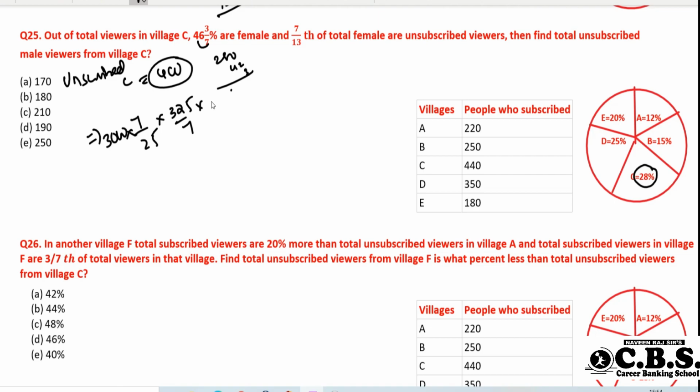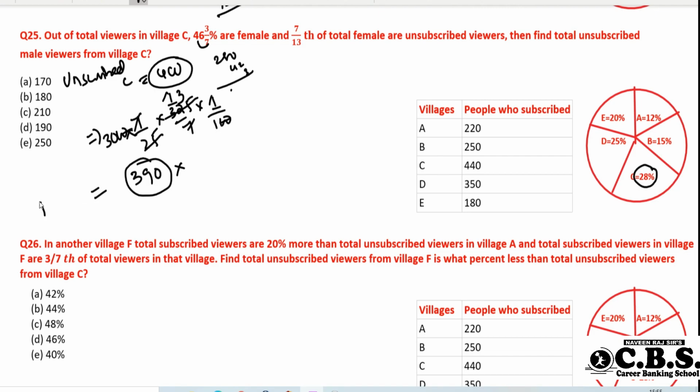Percentage means consider it as a fraction, so 7 cancels. 25 ones are 25, 13 left, divided by 100, two zeros remaining. So 13 threes are 390. The total is 390.